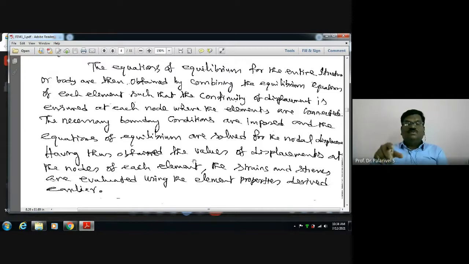When you do it manually, you write K matrix into the unknown nodal displacement vector is equal to the force vector. So the unknown displacement vector is equal to the inverse of the K matrix into the known force vector.